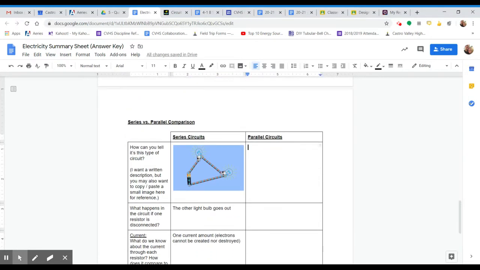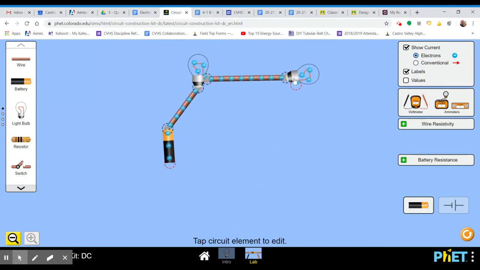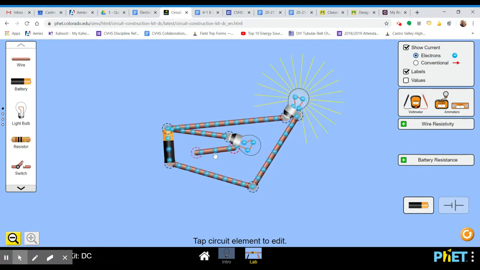And lastly is a parallel circuit. So what changes here now is if we disconnect this, you notice light.